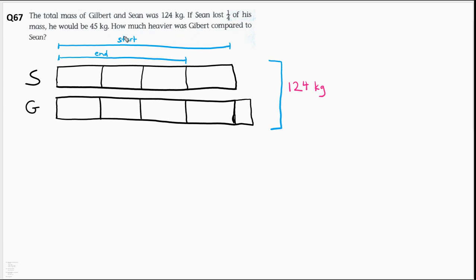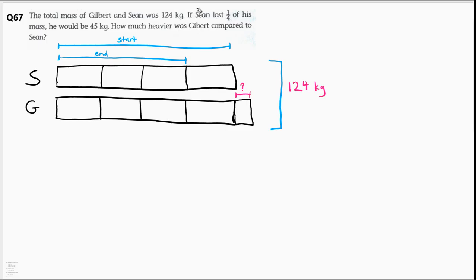Well, it says how much heavier was Gilbert compared to Sean. So it's this bit here that we are interested in. That's our question mark. That's also very good practice to put that in there so you can see what's going on when you do these multiple steps.